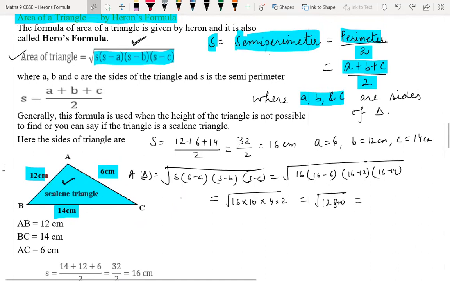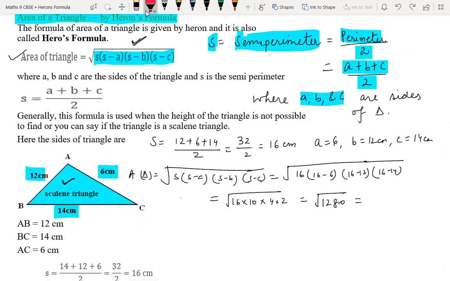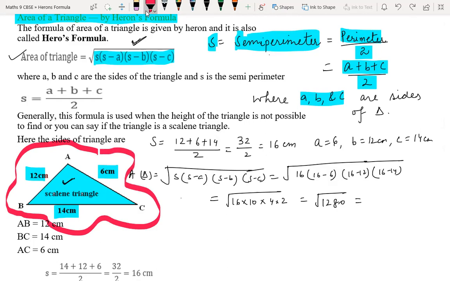Find the area of this triangle. The sides are 12, 6, and 14.